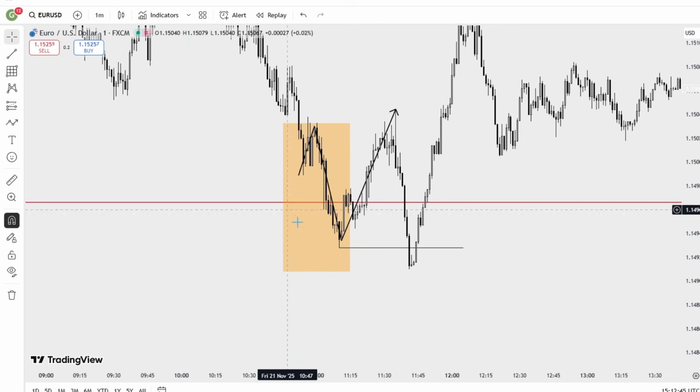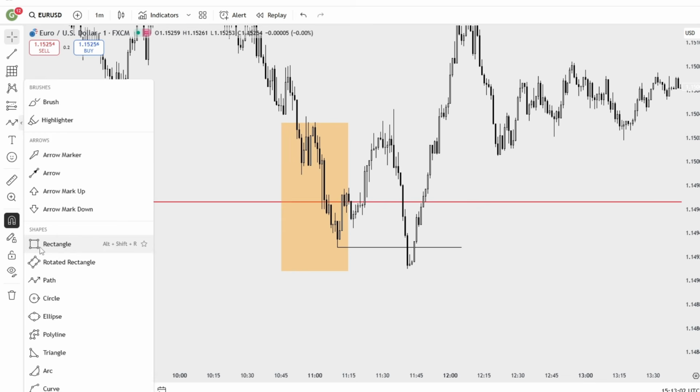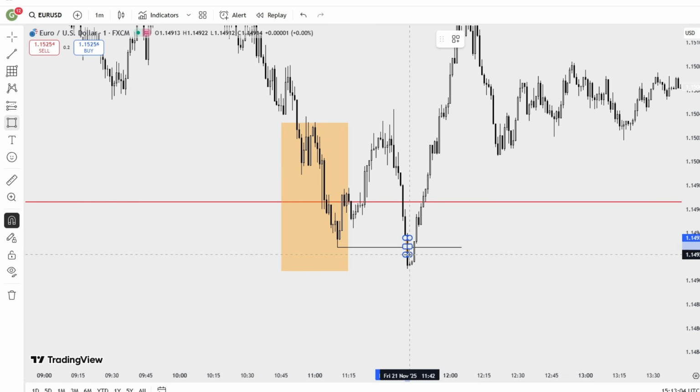So this is a valid range because it creates a low, then took a high, and this becomes the external low. After that, the price comes, sweeps this external low, and then you have your entry right here, okay?